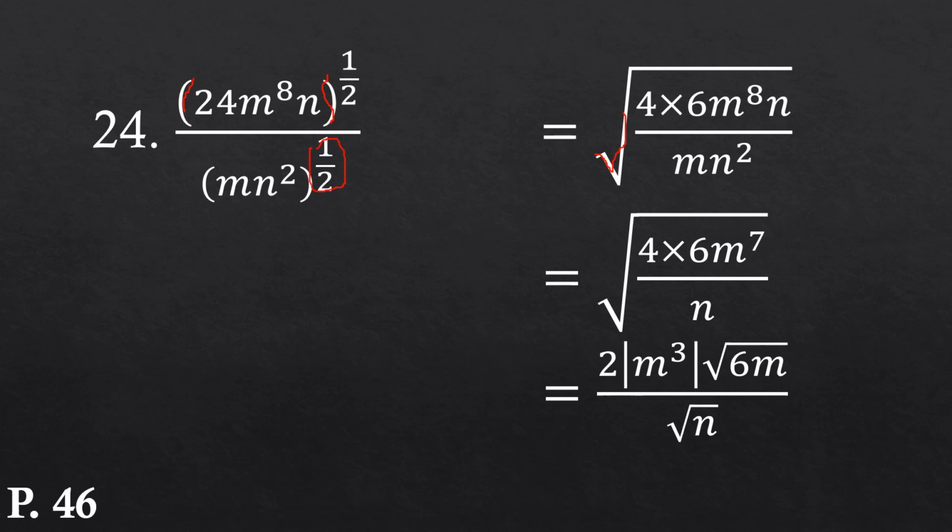We have 1/2, and also we put it under a square root. So we have a 2n here and 1n here, and it will be a 7n. So 4 times 6, 24.